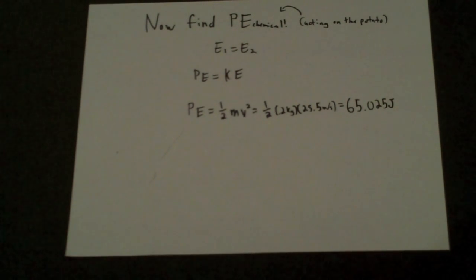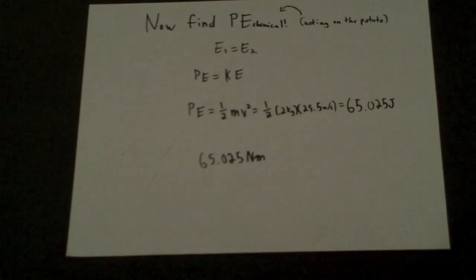Since we don't understand chemicals in Physics 1, we can assume that this is equal to the work done on the potato, which means that there are 65.025 Newton meters of work done on the potato.